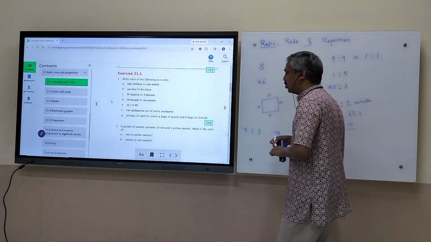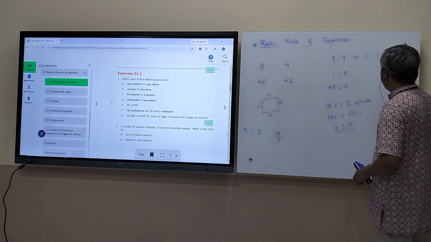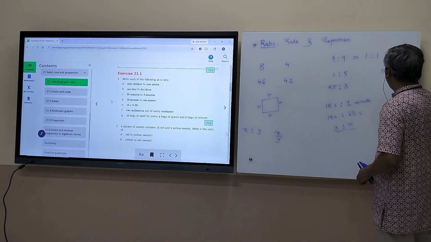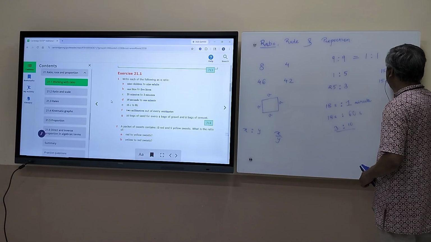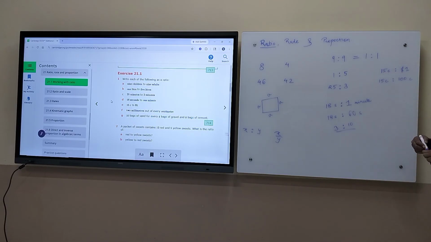15 cents is to $1. That is 15 cents is to 100 cents. $1 is equal to 100 cents.